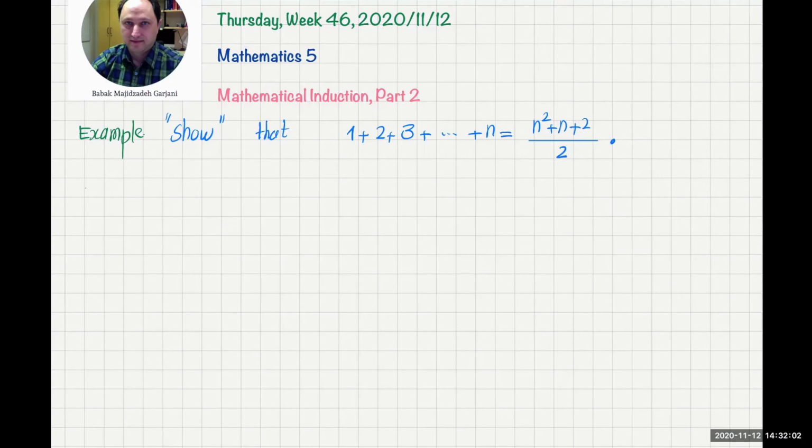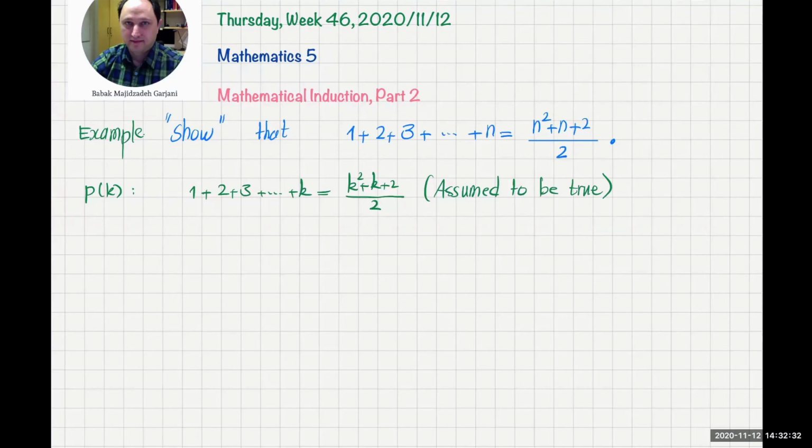So then I would say that, okay, Pk is true. What is Pk? It's 1 plus 2 plus 3 up to k is equal to k squared plus k plus 2 divided by 2. Yes, and this I assumed to be true. So you see, I am following exactly everything except that I didn't check P1 individually. Assumed to be true.